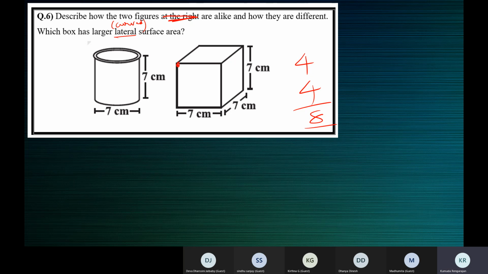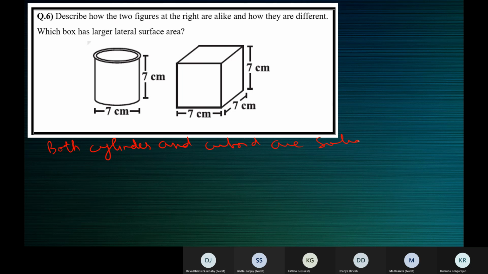See, these are the corners. 1, I can't show you everything here, 2, 3, 4, 5, 6, 7, and somewhere here the 8th corner. All right. So you can say that both cylinder and cuboid are solids, meaning they're 3-dimensional.